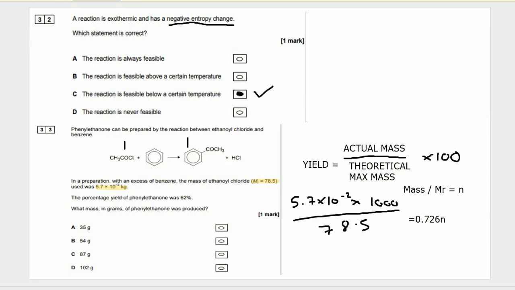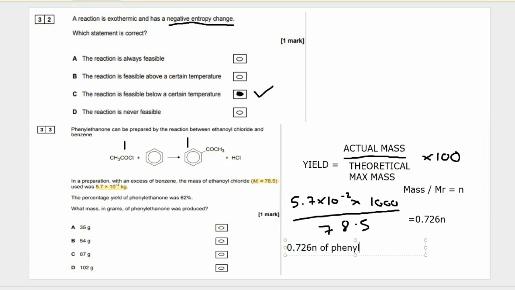So what we need to do is multiply that by the MR of phenylethanone to get the mass. So moles times MR will give us the mass of phenylethanone, and that will be the predicted theoretical mass, how much we should have made.